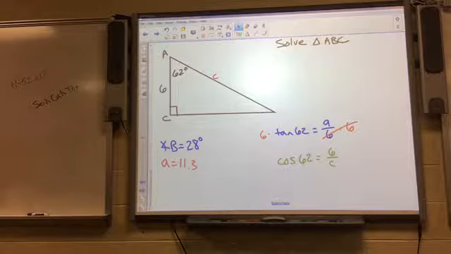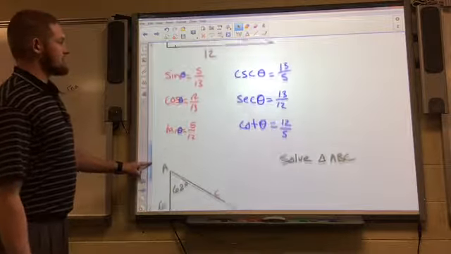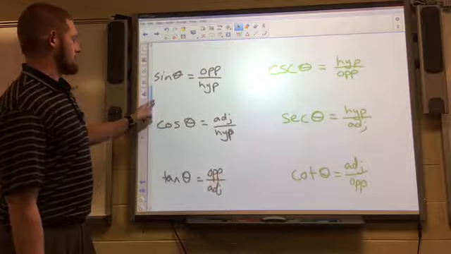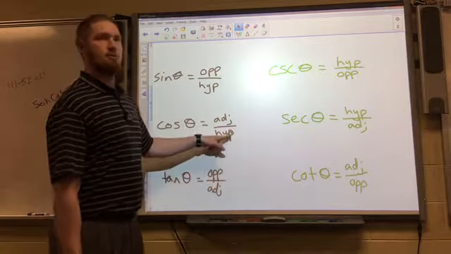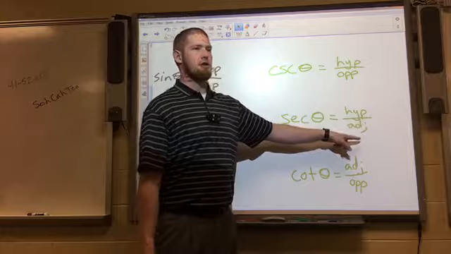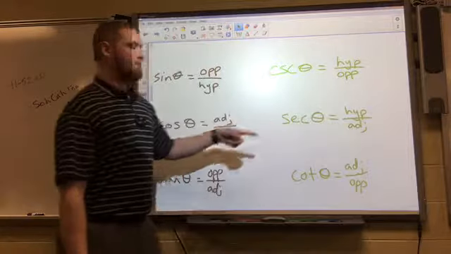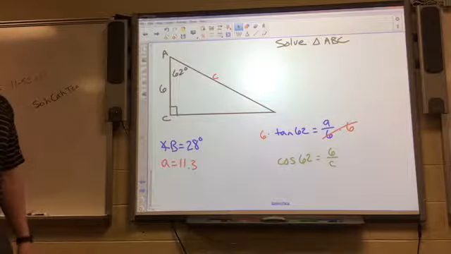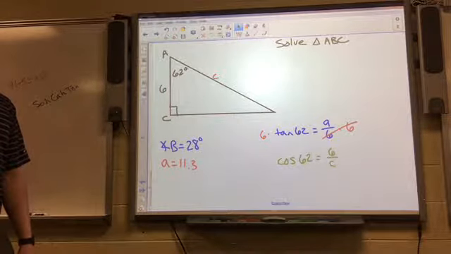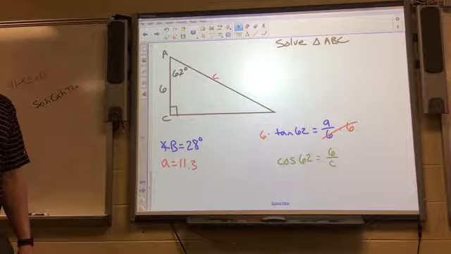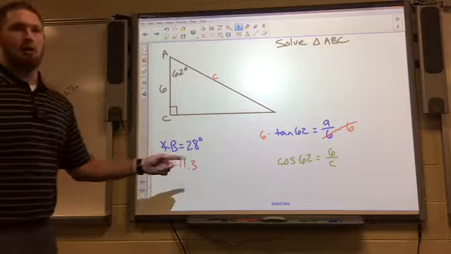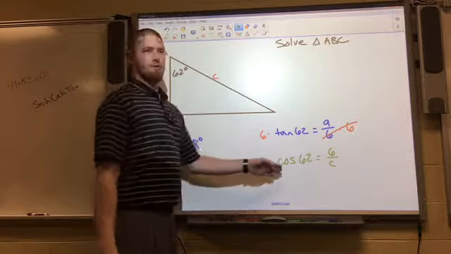It's going to use secant, because I know that secant, instead of being adjacent over hypotenuse, is hypotenuse over adjacent. Okay, but anywhere on your calculator do you see a secant button? No. Okay, so personally, I don't like to use secant at all. I go ahead and I use my cosine, and I just solve for C still.